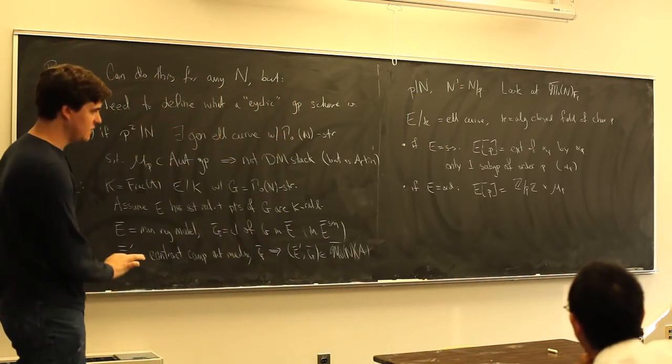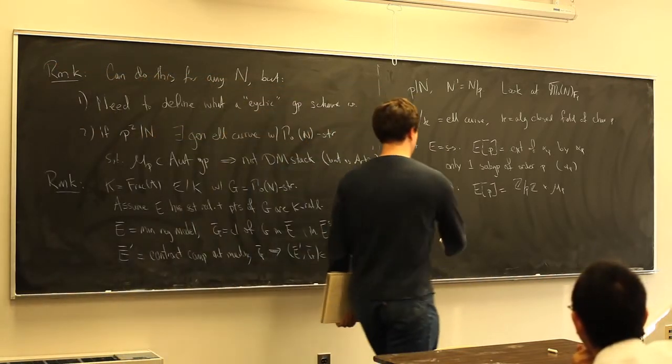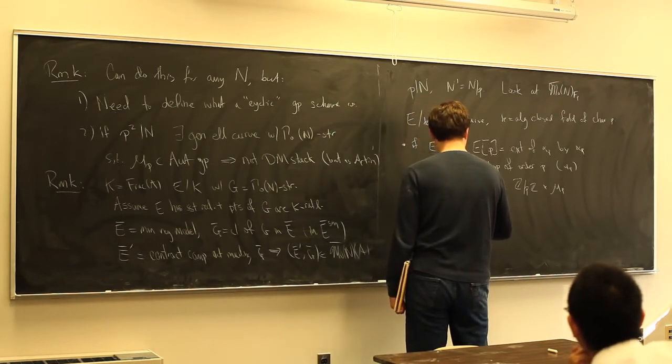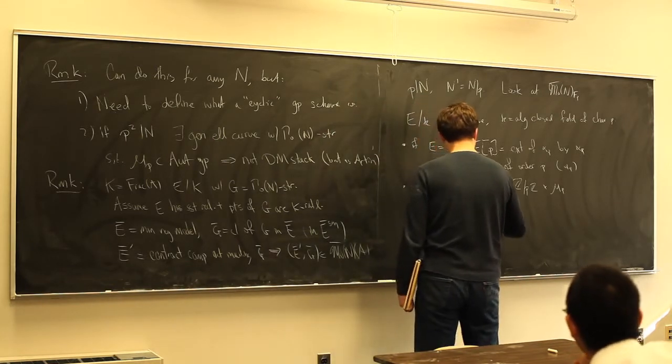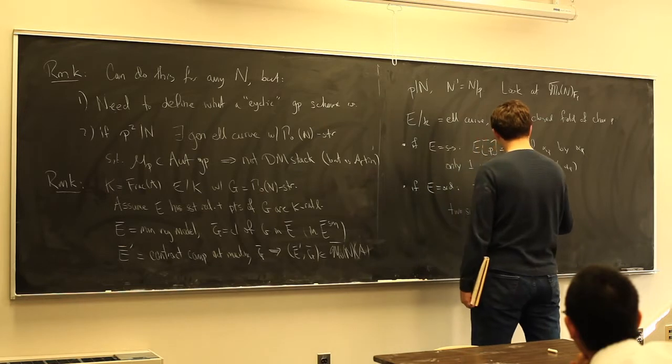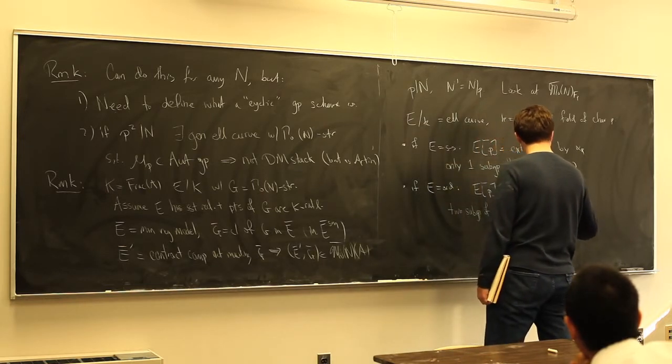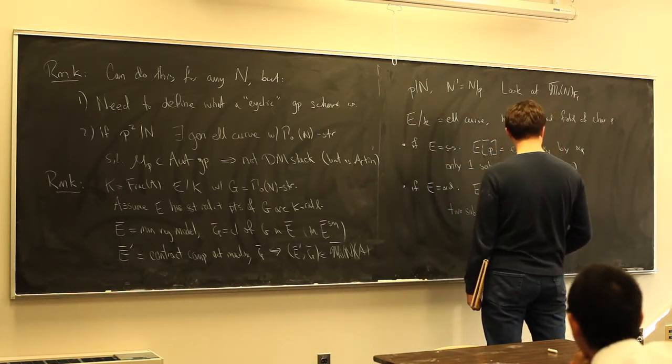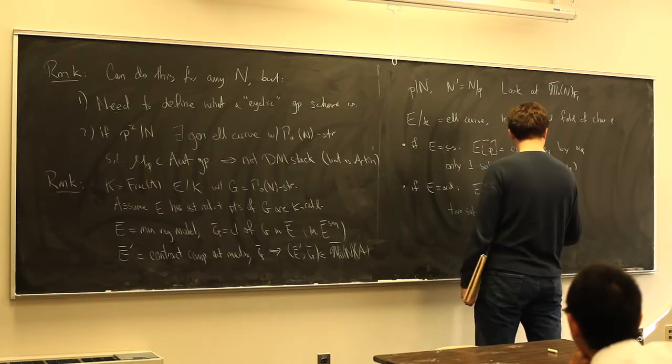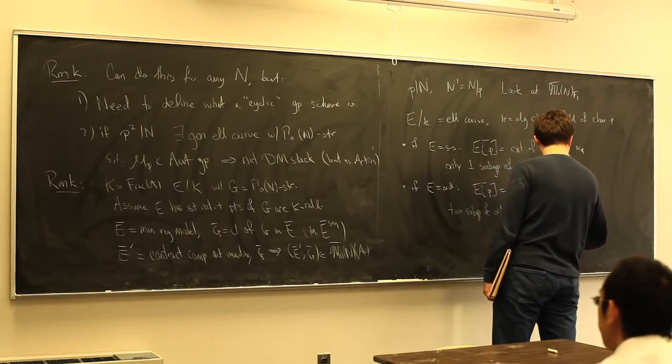And so there's exactly two subgroups of order p. There's Z mod p and there's mu_p. And this mu_p here, you could also call the kernel of Frobenius.